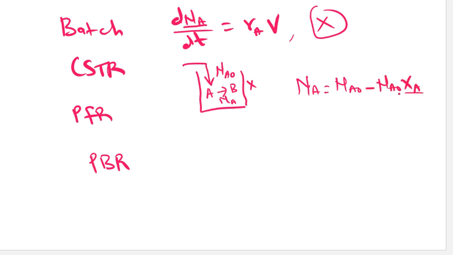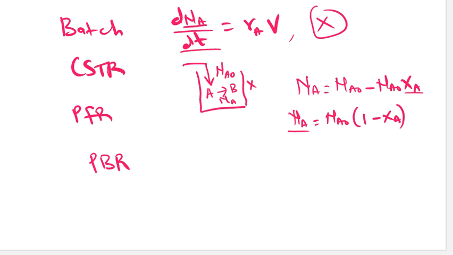So X is the conversion term, that is maybe 50% conversion, 60, 70, or even 100% conversion. That will give us our remaining moles of A. If you factorize this, we are going to have 1 minus XA. Therefore, we can use Na is equal to Na naught times 1 minus XA.